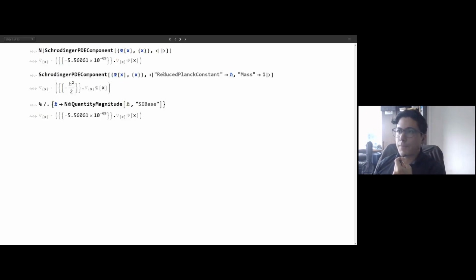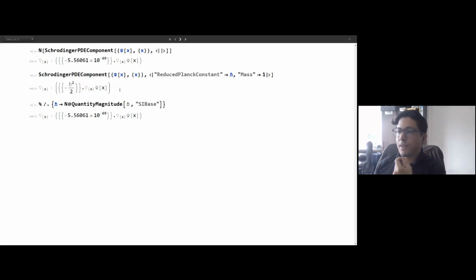When you first use the SchrödingerPDEComponent, you can just give it one independent variable and one dependent variable, and the parameters you give as an association. If you leave the association empty, you simply get this, which is just the kinetic energy term. To understand why, you can specify, for example, the reduced Planck constant to be h bar and the mass to be 1, and you get a symbolic expression.